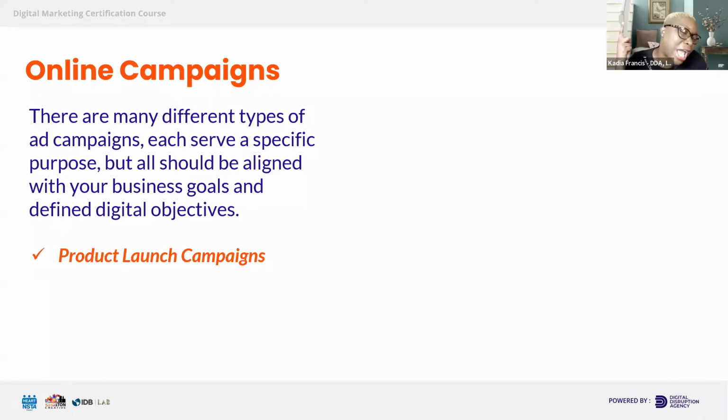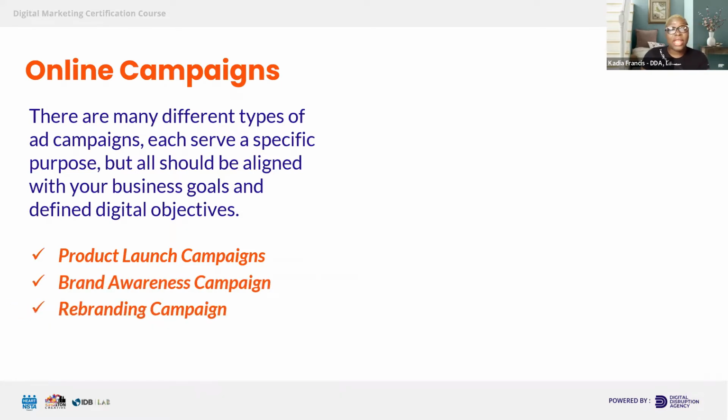So there are different types of campaigns that you can do. You can do product launch campaigns, brand awareness campaigns, and rebranding campaigns, which I'm seeing a lot of Jamaican companies doing nowadays.